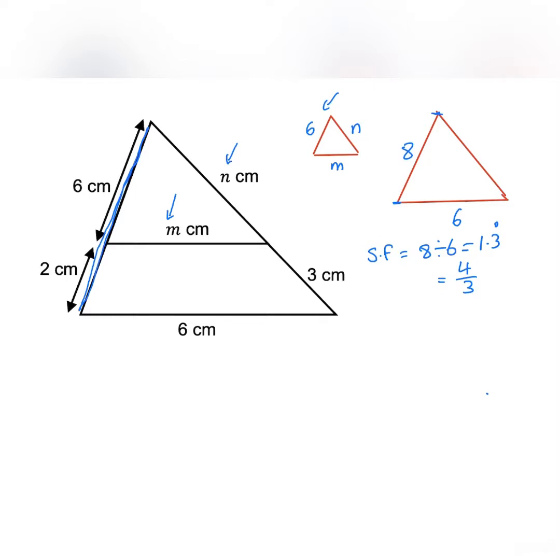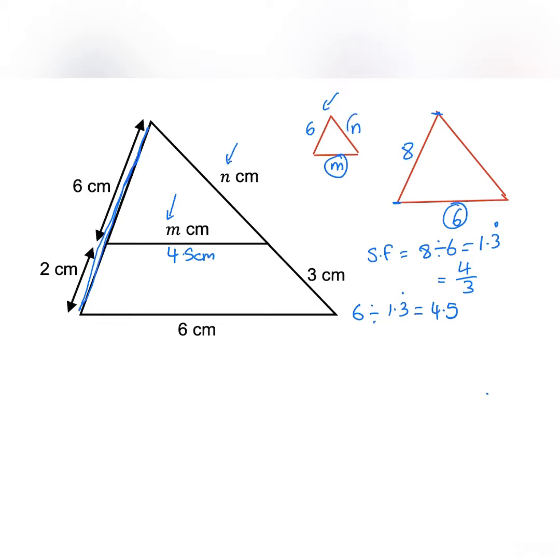Okay, so to find M, we are going to look at these sides. So the scale factor is 4/3 or 1.3 recurring. We are going to divide 6 by 1.3 recurring or 4/3, which gives us 4.5. So M on here is 4.5 centimeters.